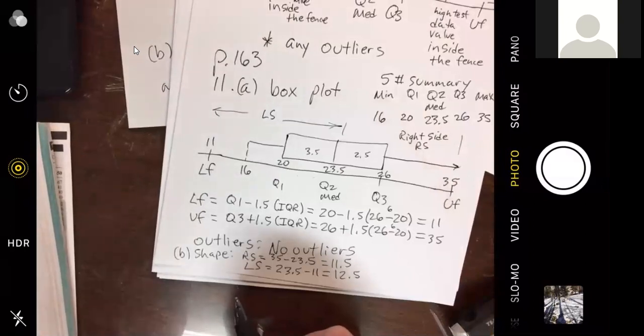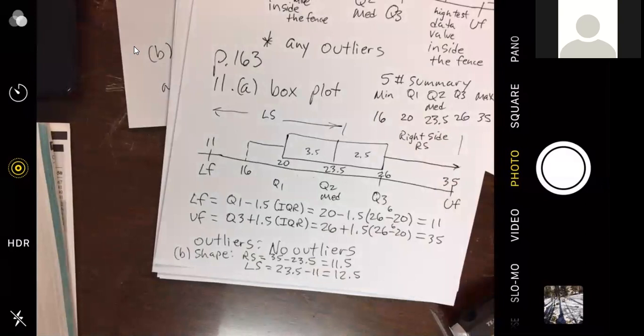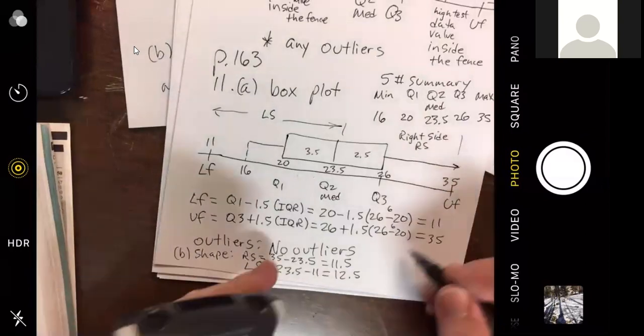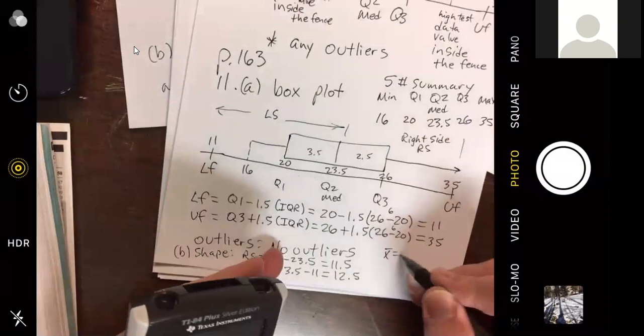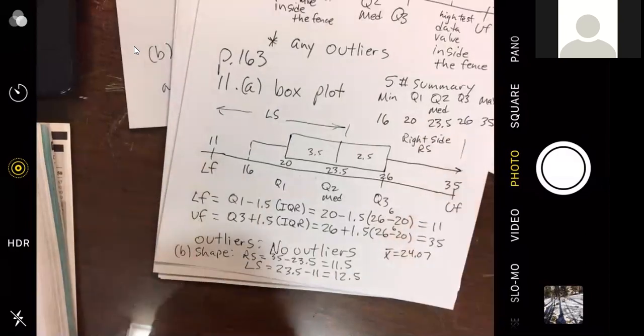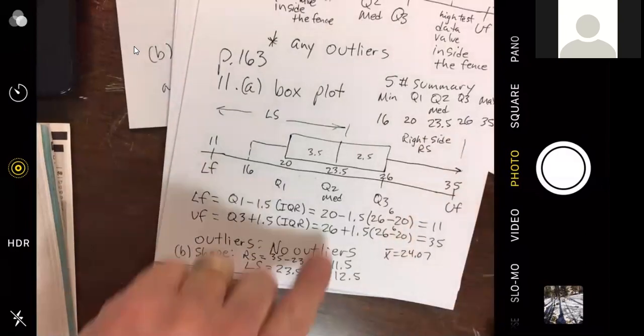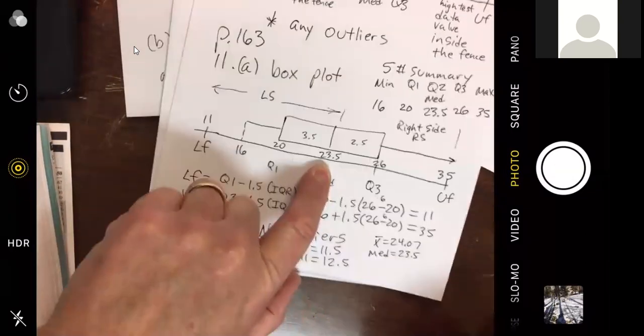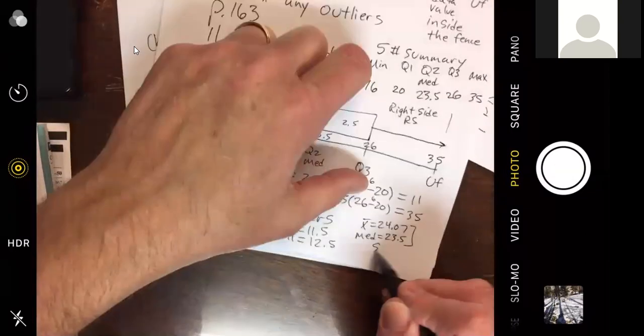I guess I would compare mean and median. What was the mean? Maybe that's what they're doing. The mean was 24.07, and your median was 23.5. Okay, so this is where they're getting their skewed right.